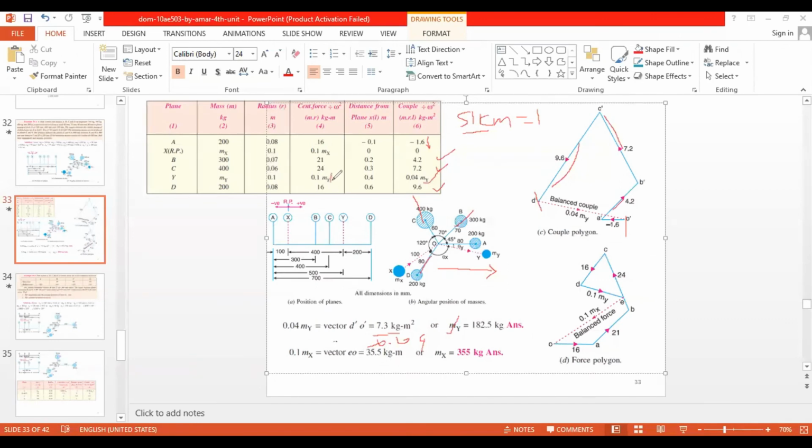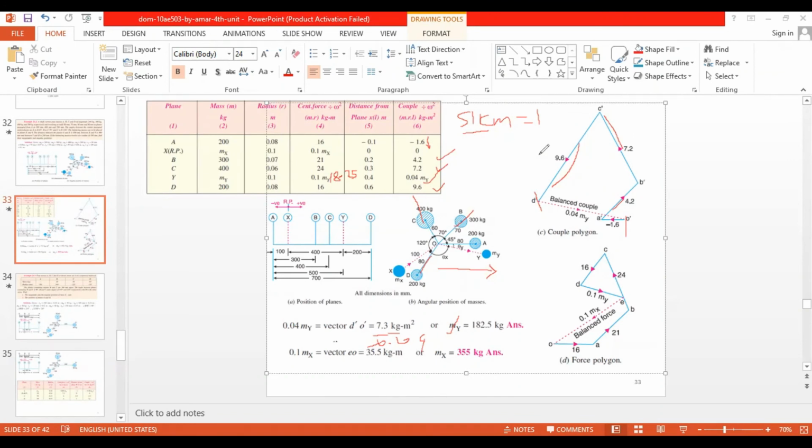So now I have value for this 18.25. Okay, so with the help of the coupled polygon, now I have found the mass of the my. We can move with the force polygon to find the other unknown mass, that is mx.